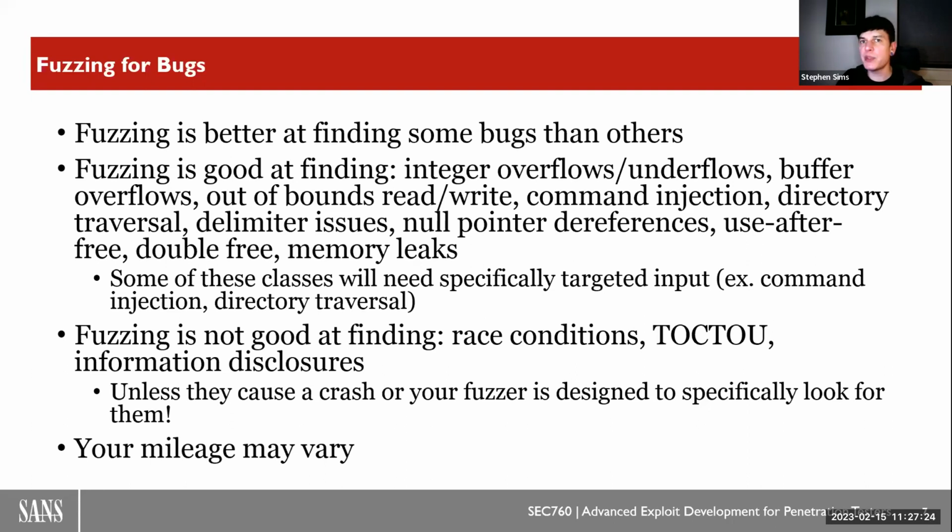Some examples from the slide: race conditions. An example of a race condition is TOC/TOU. That's time of check, time of use. But I remember a while ago, SyScan in Singapore, some people from Google Project Zero, I think it was Gynvael Coldwind and someone else, I don't think it was Tavis Ormandy, but I can't remember.